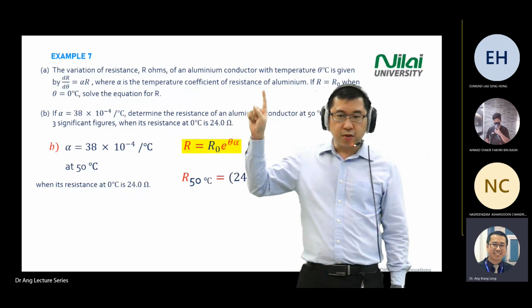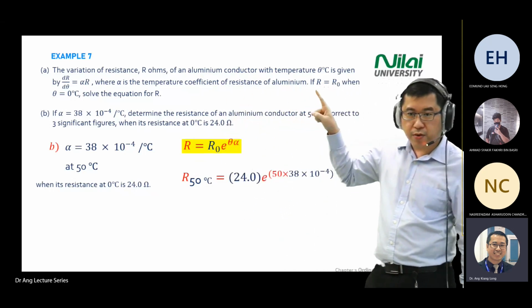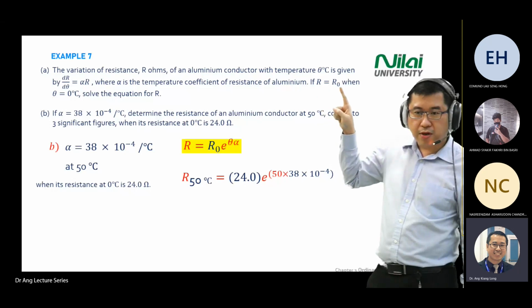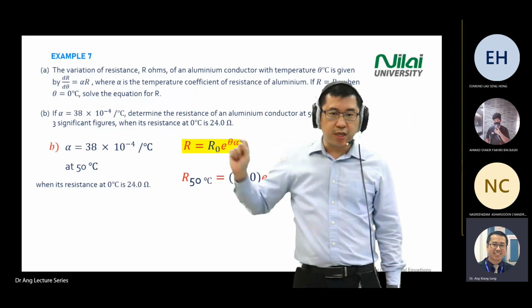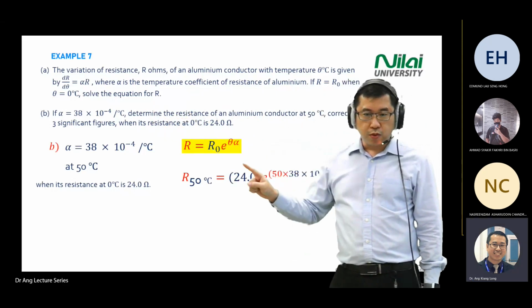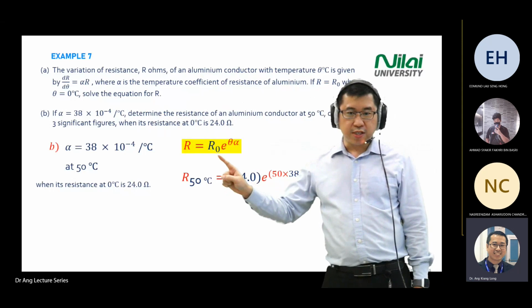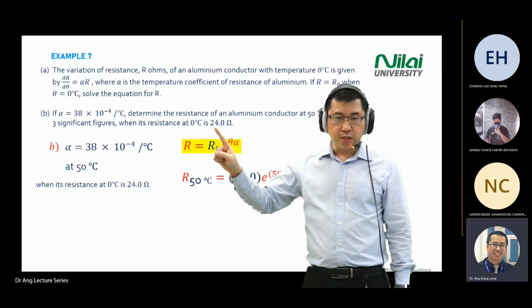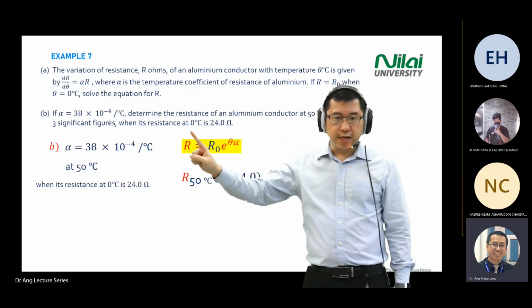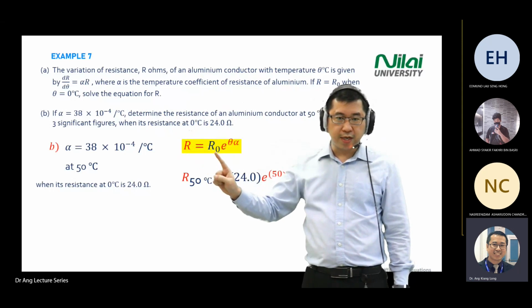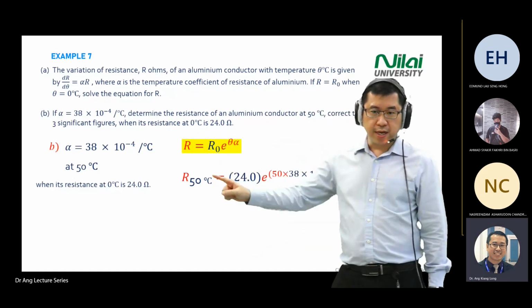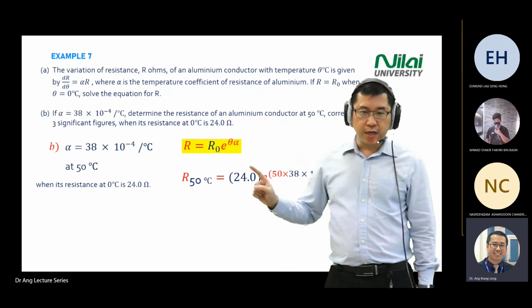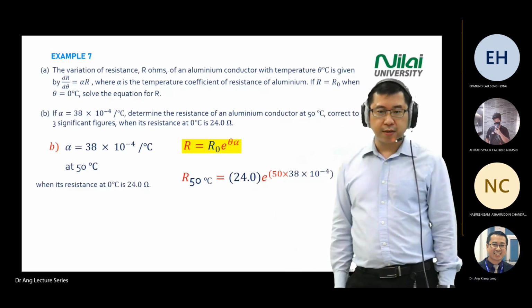R naught means 0 degrees C. In section A, it tells you R equals R naught when your temperature equals 0 degrees C. So this is the resistance at 0 degrees C, and it gives you 24 ohm, meaning you substitute 24 here. That's why you can substitute R naught equal to 24 here.